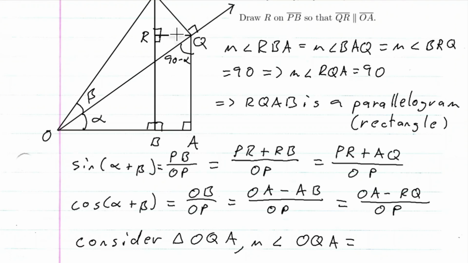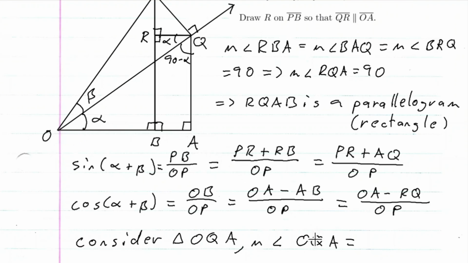So that means this angle here must be alpha, because we know RQA is 90 degrees, and alpha plus 90 minus alpha is 90. So that means RQO is alpha.